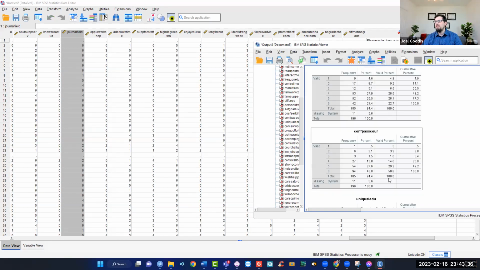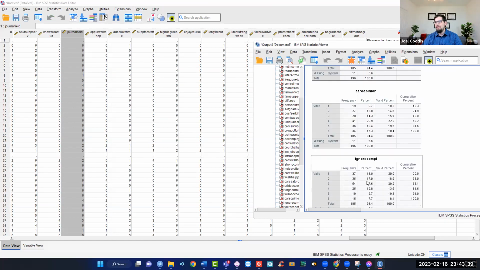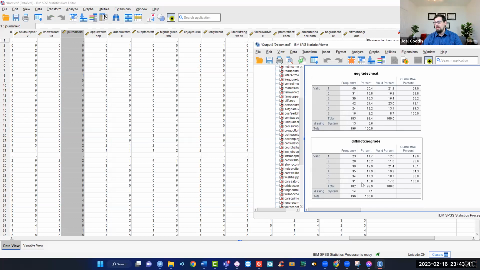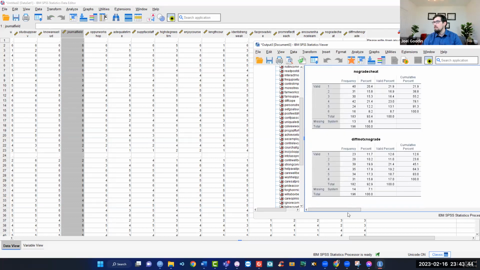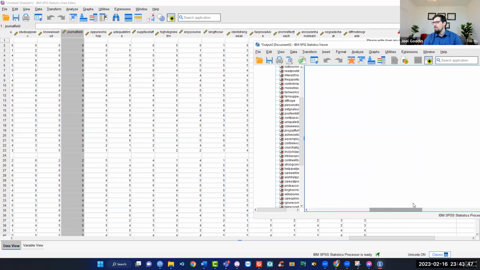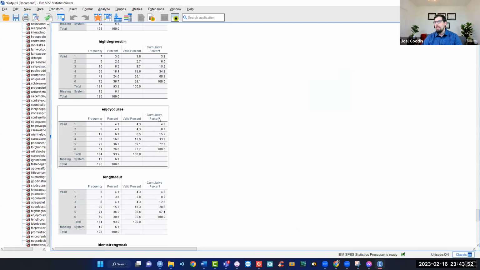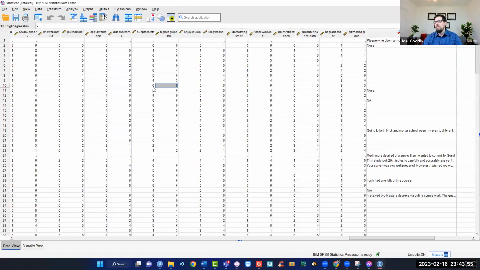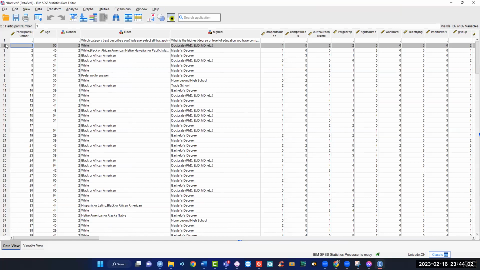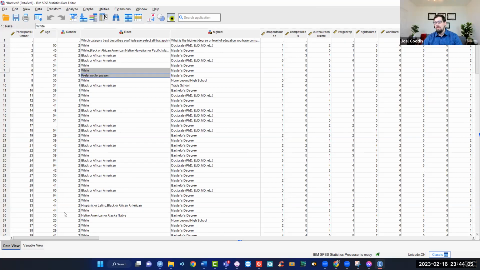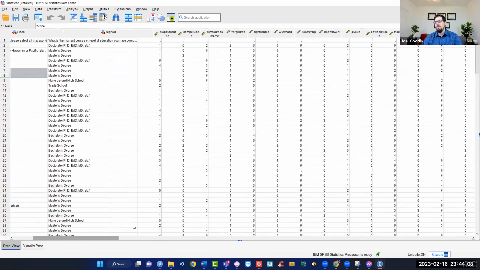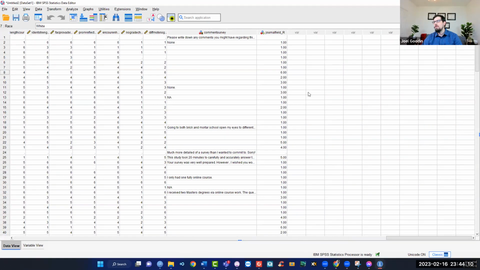Now it opened the output just to show me that it did it. I don't know where it went. It will put any new variables to the very far right. So just journal field R, added over there.